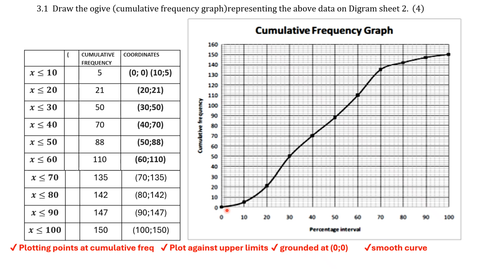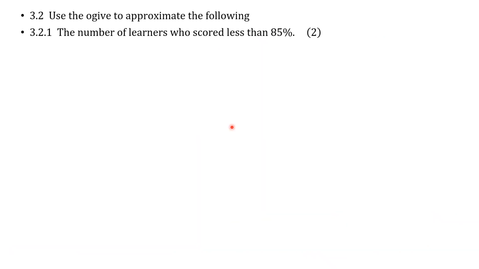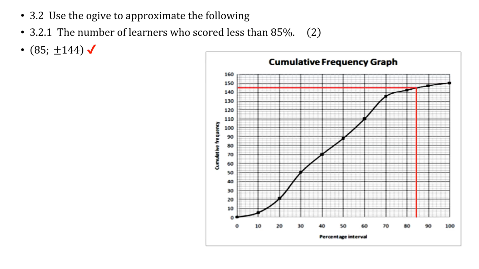Right, and now it's a question of whether you can work from this graph. So everything else that I'm going to answer now revolves around the fact that I have 150 learners, right? So the number of learners who scored less than 85%. So that means, can I go to the graph, find 85%, join it up with the graph and see what it gives me on the y-axis.